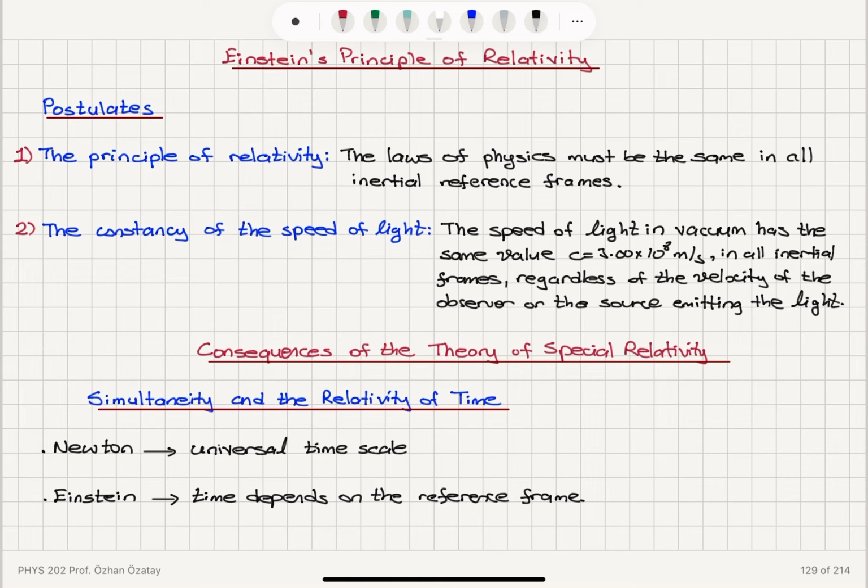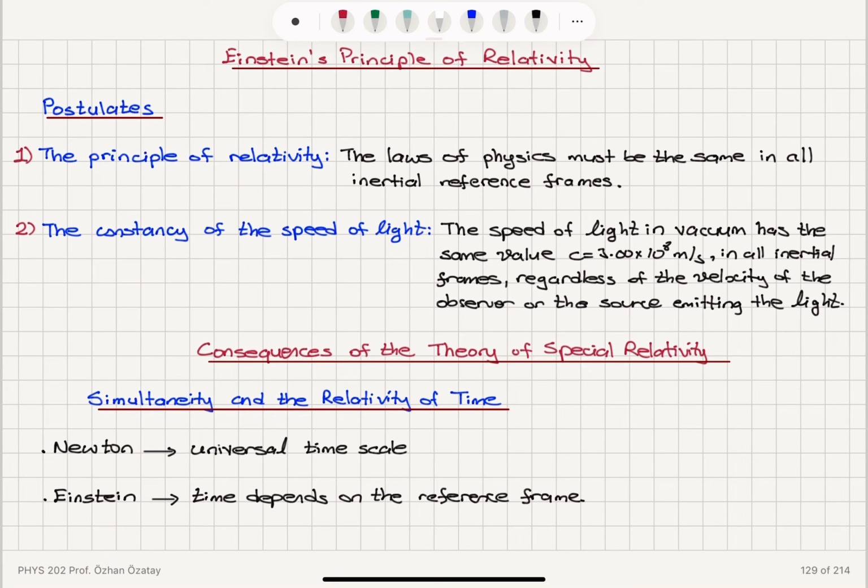In a material, if you remember, when the index of refraction is greater than 1, light slows down due to the finite time it takes for the atoms to absorb and re-radiate the light, the electromagnetic waves. The consequences of the theory of special relativity are in the concepts of simultaneity of time, and then we'll talk about time dilation and length contraction.